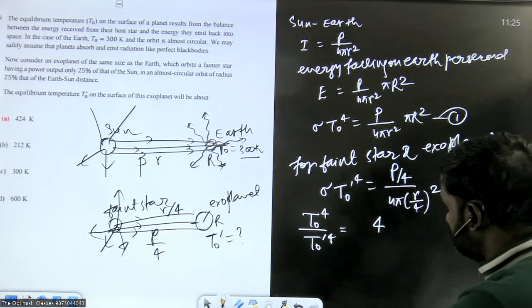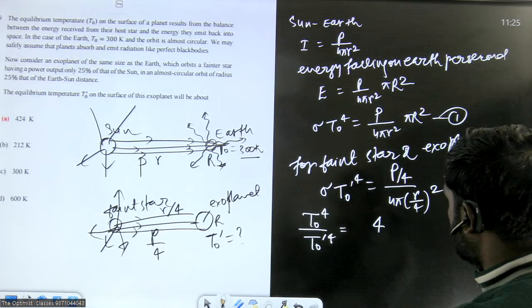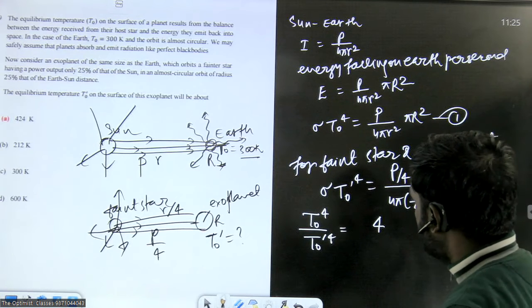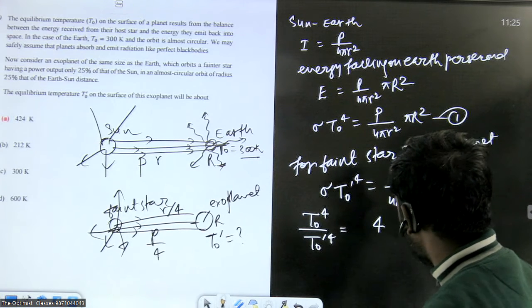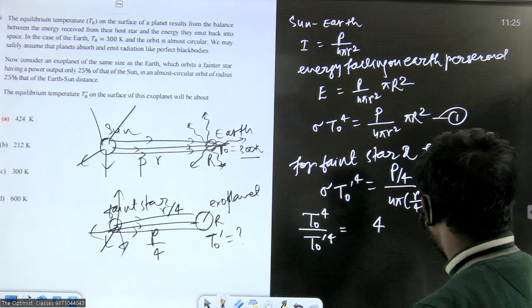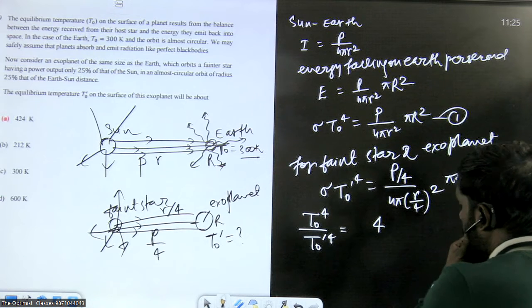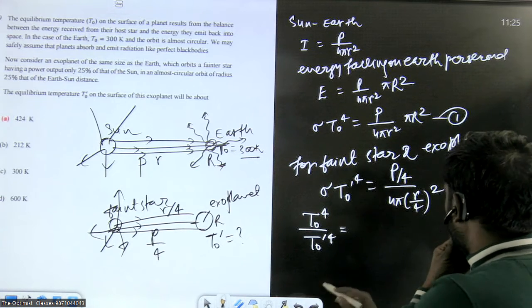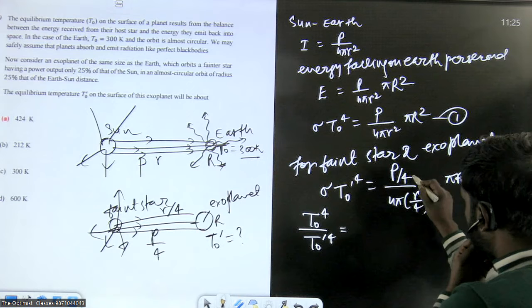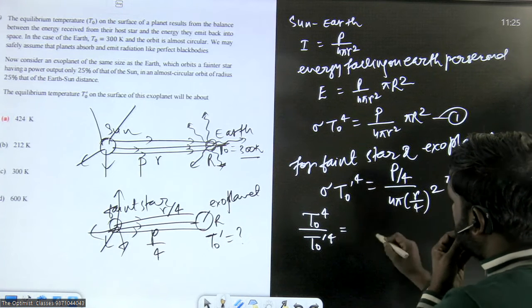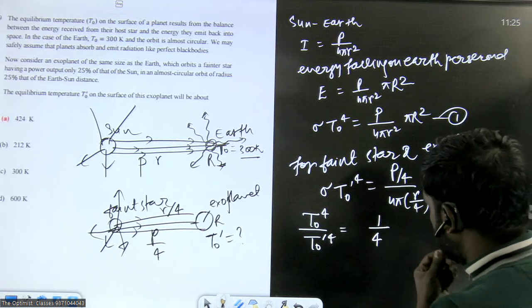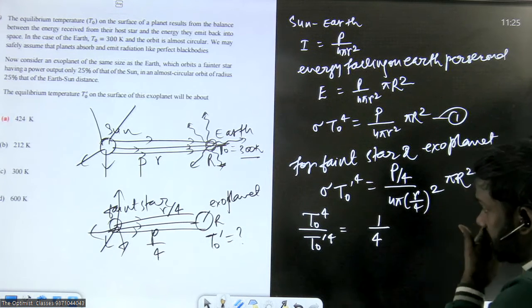So 4 will come in the numerator, and since we are dividing, sorry, 4 will get in the denominator. You can check this. This is just a basic calculation.